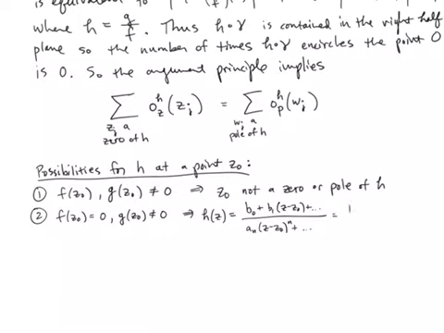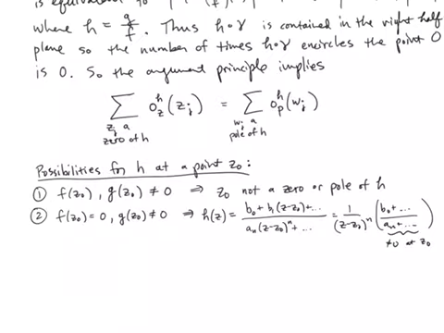This equals 1 over z minus z naught to the n, times b naught plus dot dot dot over a_n plus dot dot dot, and this thing here is not equal to 0 at z naught. So we have an analytic function there which is not equal to 0 at z naught, and so we see that we have a pole of order n at z naught for H.